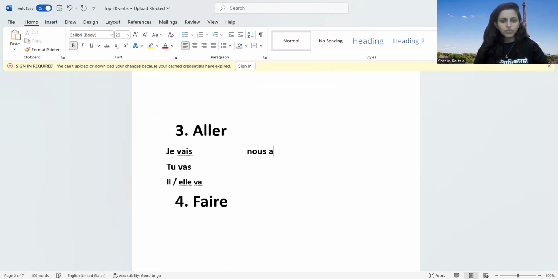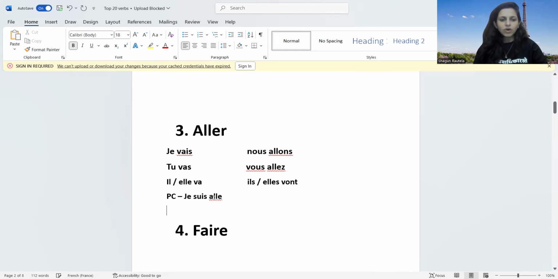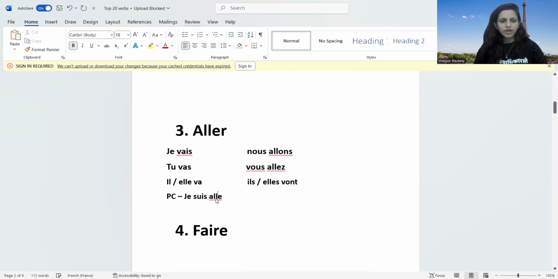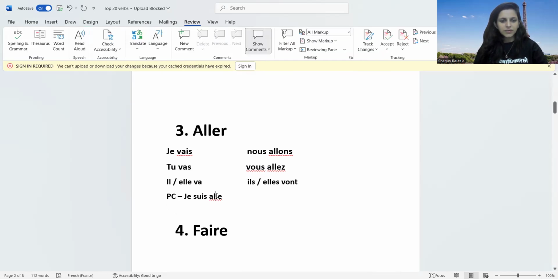Moving on to nous allons, vous allez, ils, elles vont. And how do you conjugate it in passé composé? So in PC, it's done with être, so je suis allé, and with the accords as well. So do remember the accords.